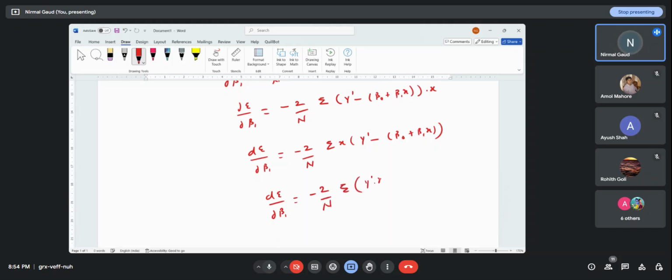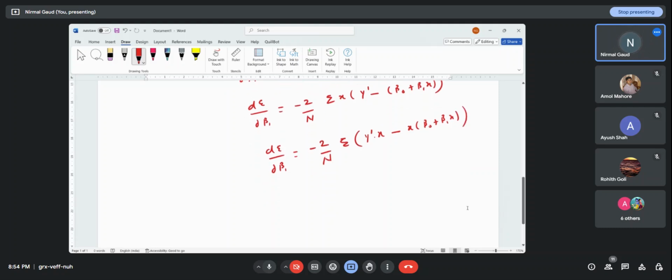So y dash x minus x into beta naught plus beta 1 x. Let me multiply x inside again. So del E by del beta 1 is equal to minus 2 by n summation y dash x minus beta naught x minus beta 1 x square. This is what I'm getting.